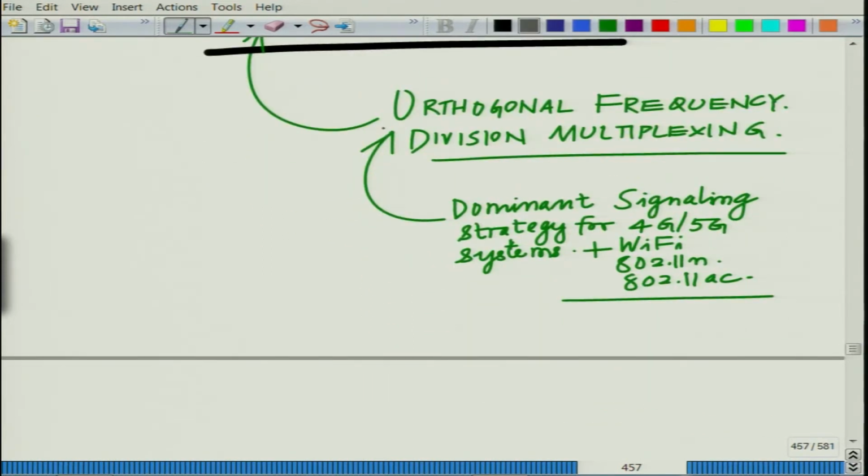So, OFDM enables high data rate wireless transmission.